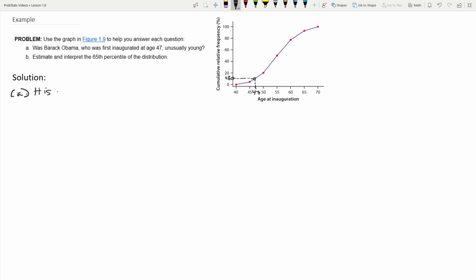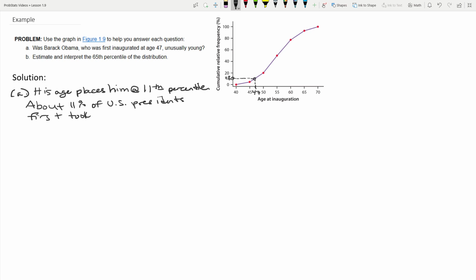So his age places him at the 11th percentile. So this means that about 11%, so we want to be able to interpret this, right? So this means about 11% of US presidents first took office at a younger age than he did.